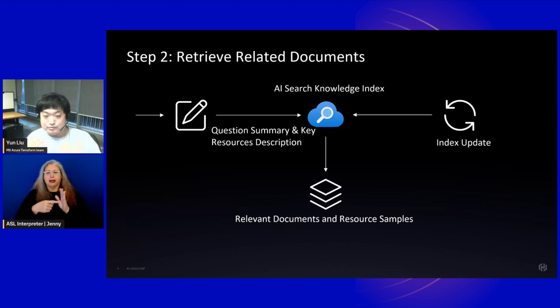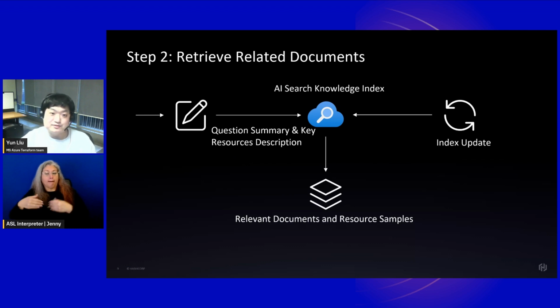But we will do another selection based on the retrieved results. How do we do this selection? We take the key resources we just retrieved from the first step, and we ask the LLM: here are the key resources, here is our analyzed user intent, and here are some possible related resource names.